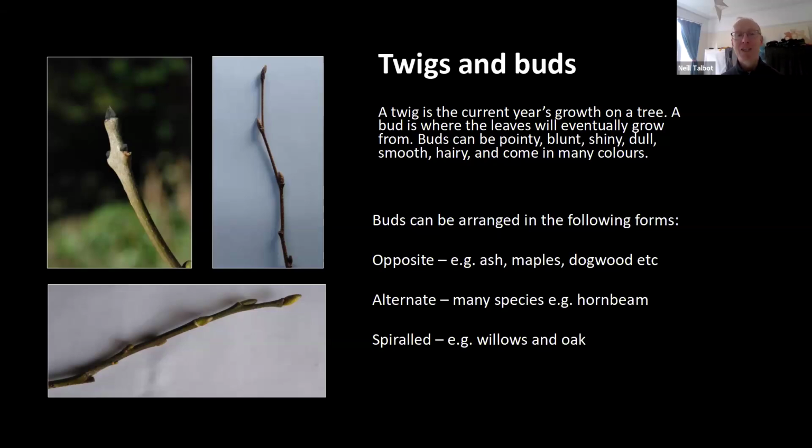Some will be hairy, some will have scales on the buds that are hairy or fringed with hairs or a slightly different colour from the actual bud as well. So there are a lot of different things. We haven't got time to go through all of those details at the moment, but that's just something to look into when you try to ID, and there are excellent books to help with that, and web pages and apps and so on. So we'll talk about those at the end.